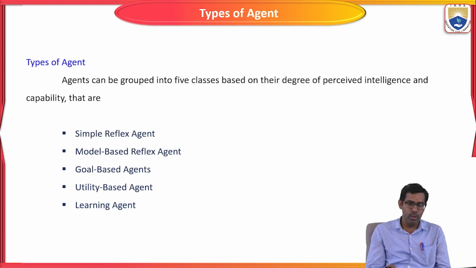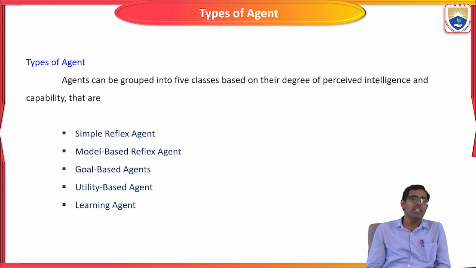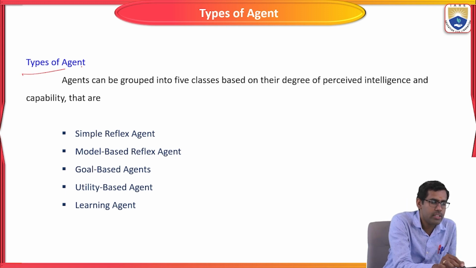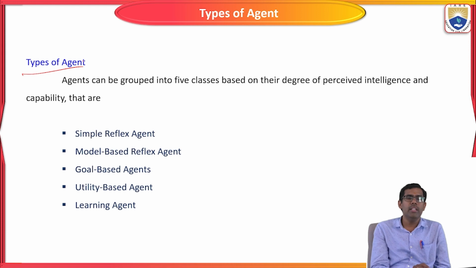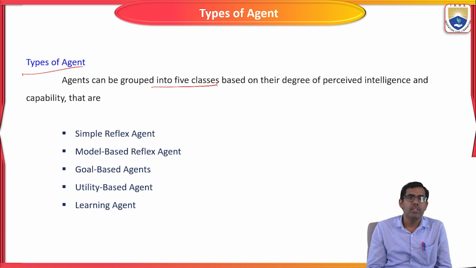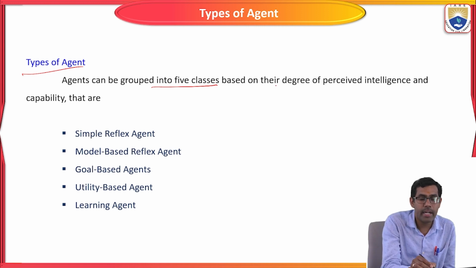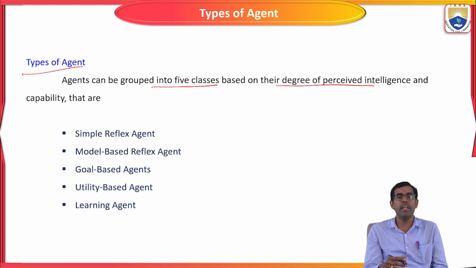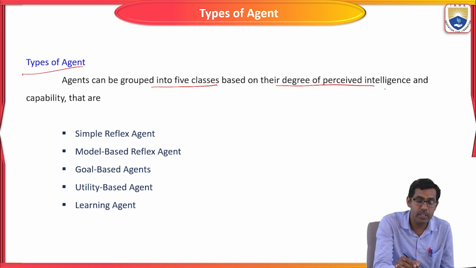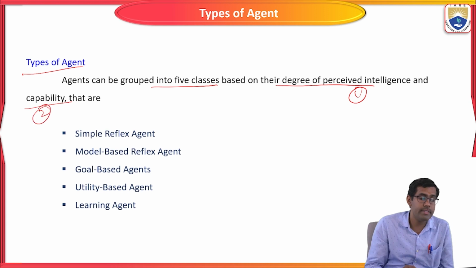Okay, then next we will move to the different types of agents in artificial intelligence. So what are the different types of agents? Based on this, the agents can be grouped into 5 classes, segregated based on their degree of perceiving intelligence, which is the first criterion, and their capability, which is the second.